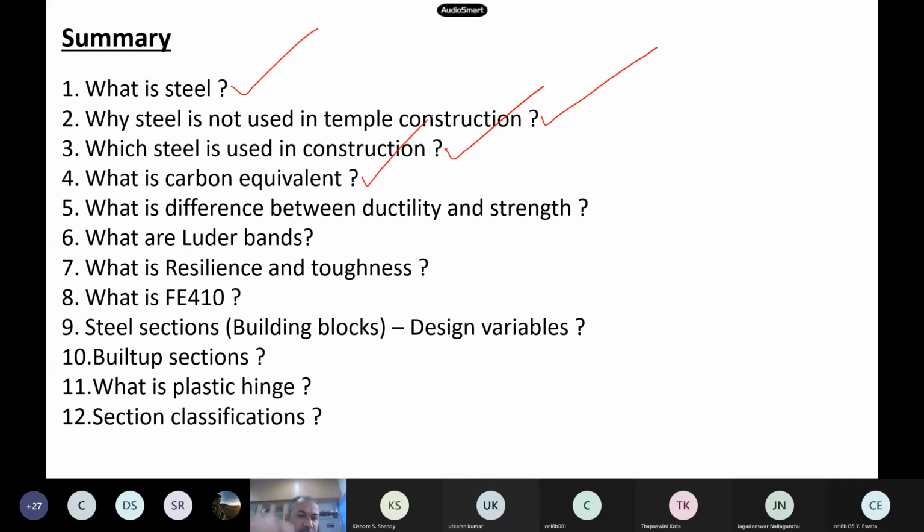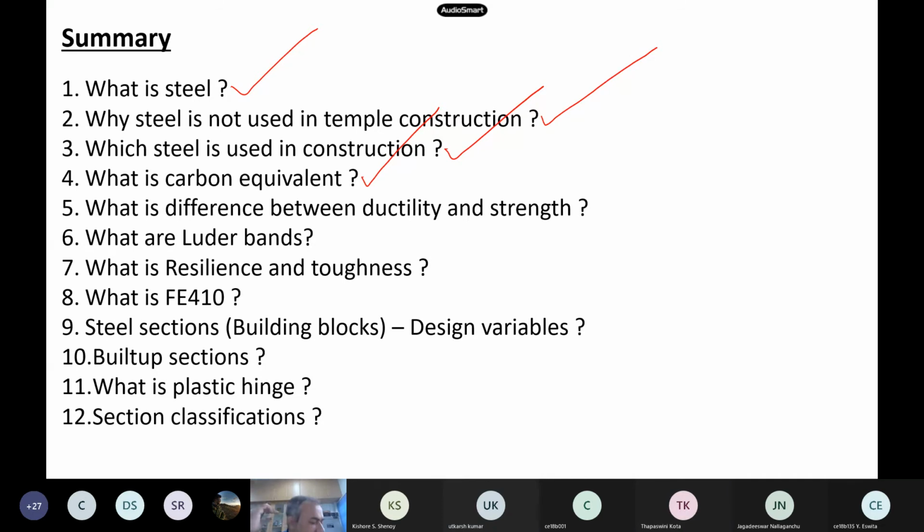Now what is carbon equivalent? This is a very, very important formula which we have told previously also. You may not remember the formula, but broadly, what is it? Tell me one by one.